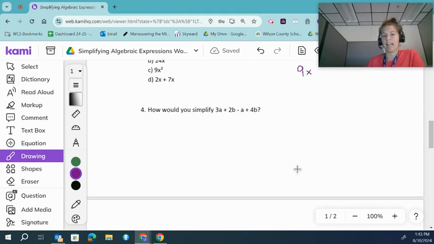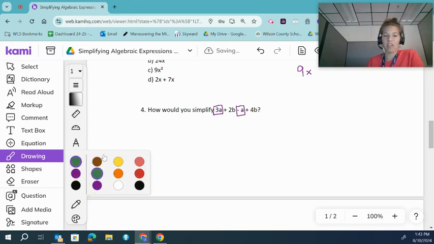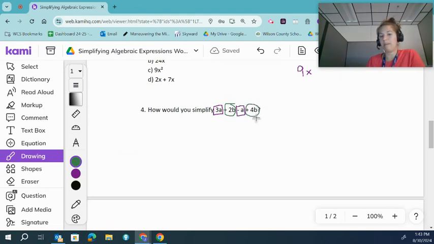How would you simplify 3a plus 2b minus a plus 4b? Now in this one, we have several things that can be combined. 3a can be combined with negative a. Then I have 2b, which is a like term with 4b, so I can combine them.